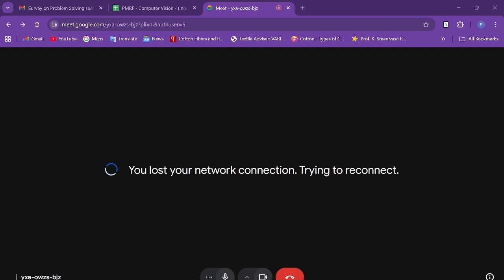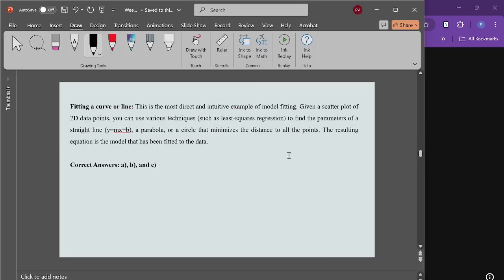We know the equation of a straight line is y = mx + c. Or a parabola or a circle that minimizes the distance to all the points, resulting in the model that is best fitted. So A, B, and C are the correct options for this question.